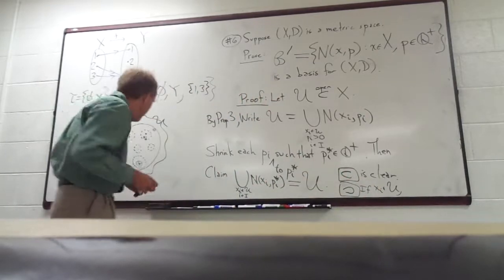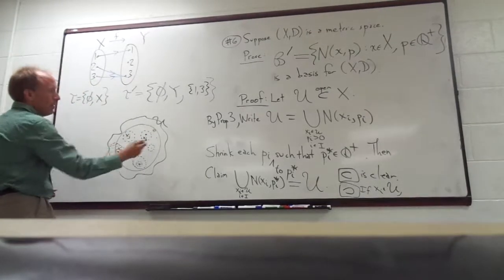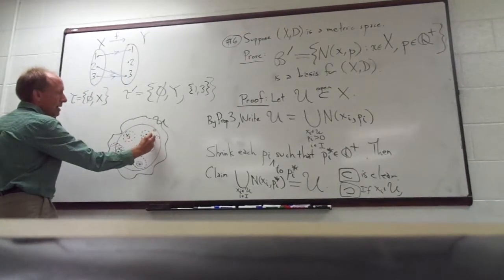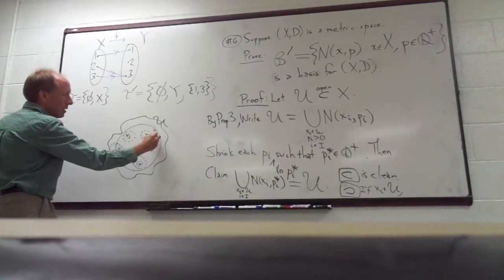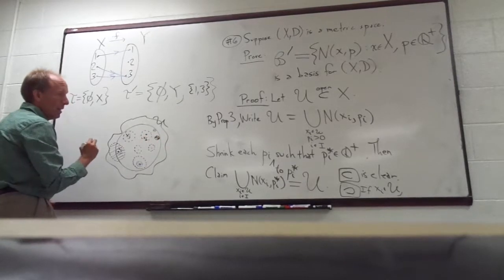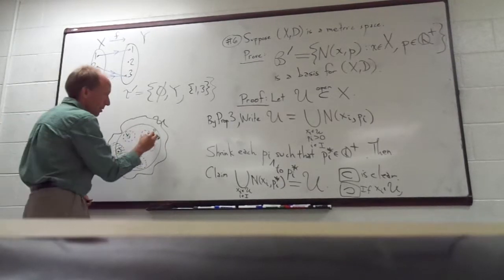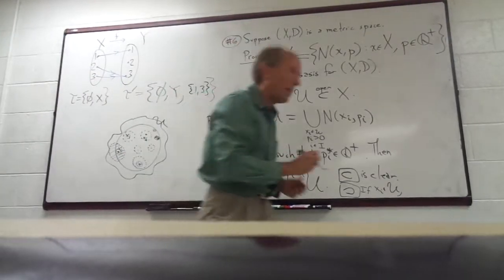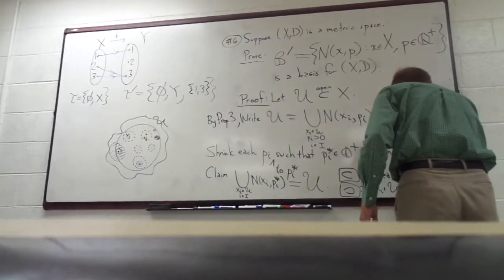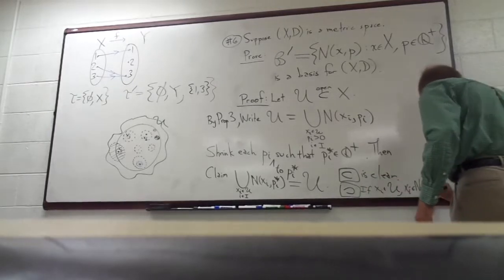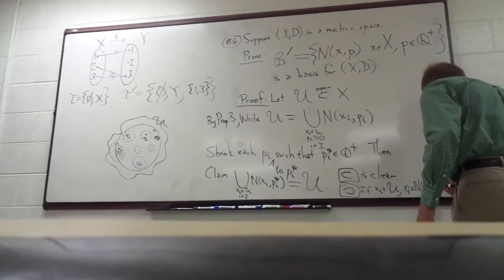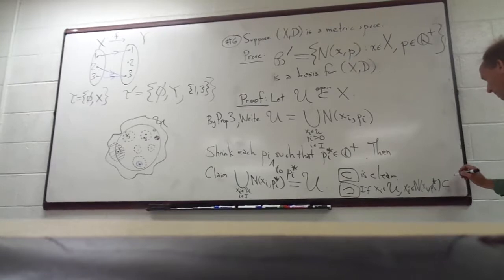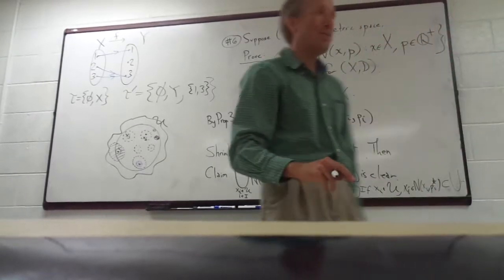So if I pick a point in U somewhere, then there will definitely be a neighborhood in my union that is centered on that point, and so therefore that point belongs to the union of all of these guys, right? Well, that's all you have to say. Xi is in the neighborhood of itself, of radius pi star, which is then contained in the union of all of those, and I'm out of room. But you know what I'm trying to say.